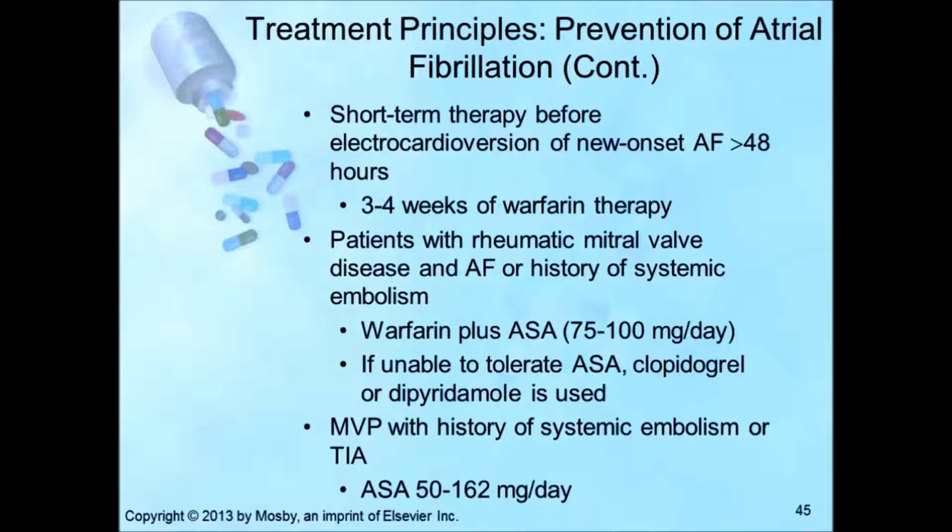For patients with rheumatic mitral valve disease and atrial fibrillation or a history of systemic embolism, warfarin and aspirin are suggested. If the patient is unable to tolerate aspirin, Plavix or dipyridamole is used. Mitral valve prolapse with a history of systemic embolism or TIAs, aspirin is suggested.